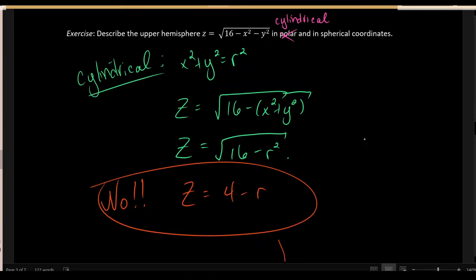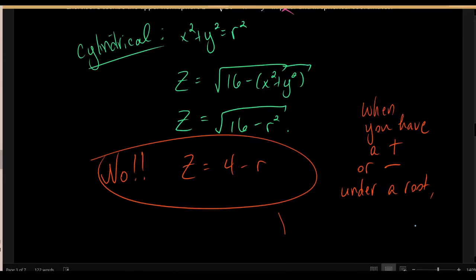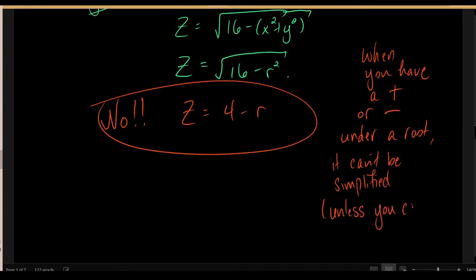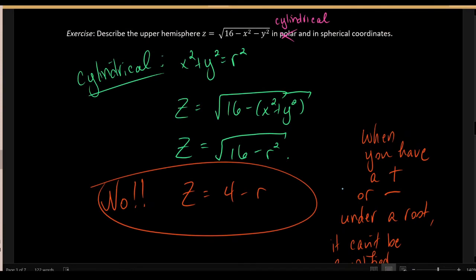However, when you have an addition or subtraction under a root, as a rule, you cannot simplify that root unless you can do something wacky with factoring. You're going to have to leave it in this format. Z is equal to the square root of 16 take away r squared. That is as simple as this quantity can become.